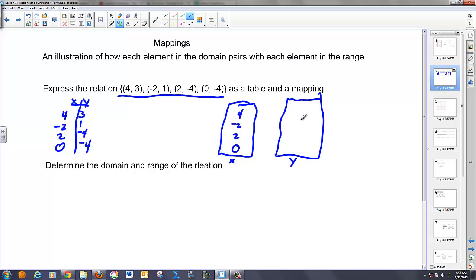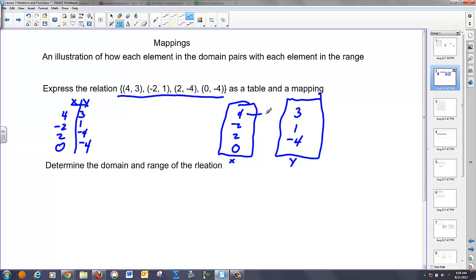And each element of the y values in the y box, but this time I will not repeat any of those y values. Now in order to show a mapping, I put an arrow going from each element in the x box, or the domain, to the paired element in the range, or the y's.